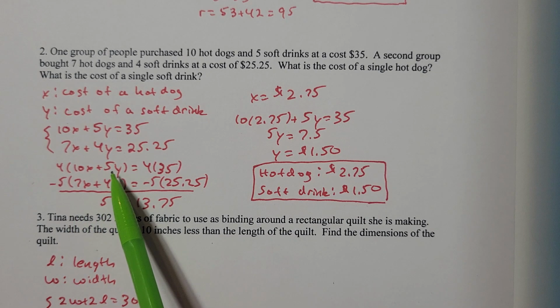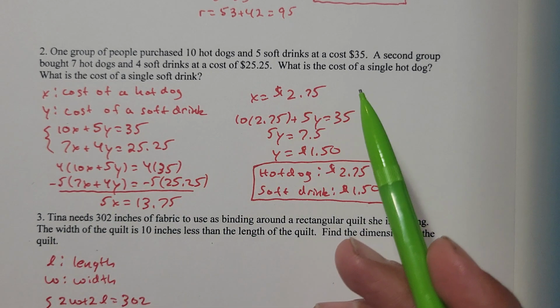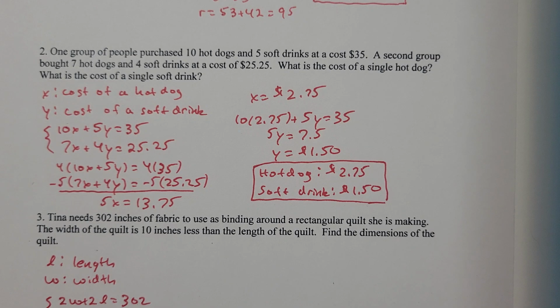Okay, 20y minus 20y is 0, so y is gone, that's what I wanted, right? And then 4 times 35, that'd be 140, plus negative 5 times $25.25.